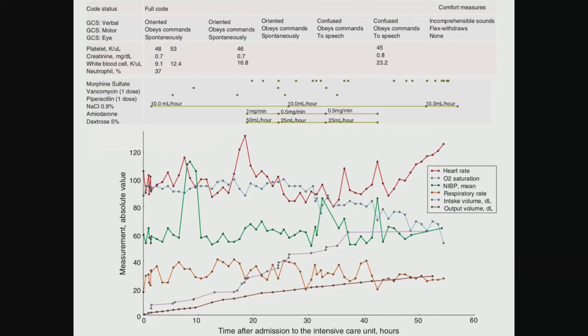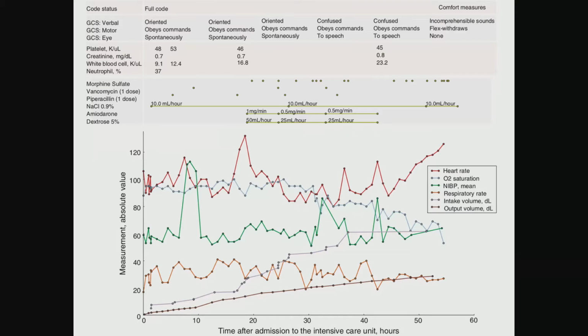They're on vancomycin, which is an antibiotic. Piperacillin, I don't know what that is. Somebody know? Antibiotic. Okay. Sodium chloride 9%, so that's just keeping them hydrated. Amiodarone and dextrose, so dextrose is giving him some energy. And then these are the various measurements.